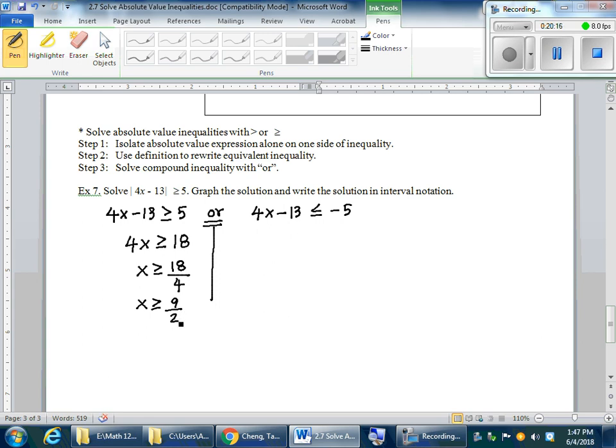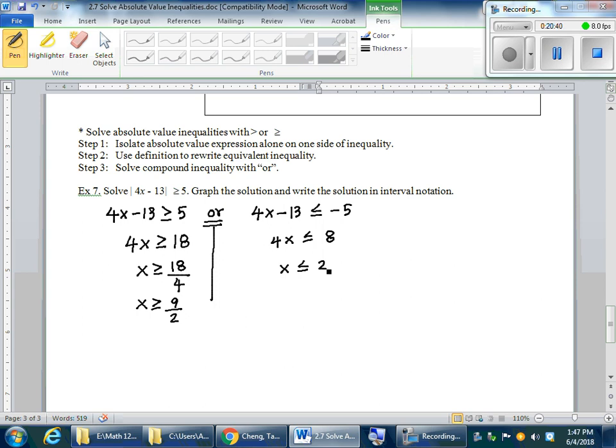On the second inequality, add 13 to both sides. That gives us 4x is less than or equal to 8. And divide both sides by 4. That gives us x is less than or equal to 2.